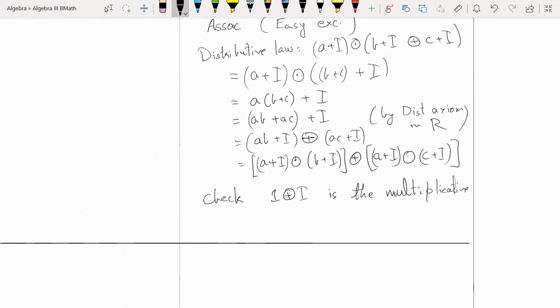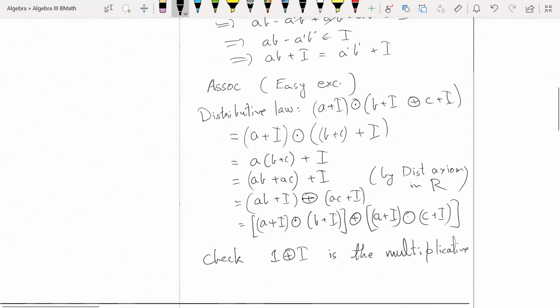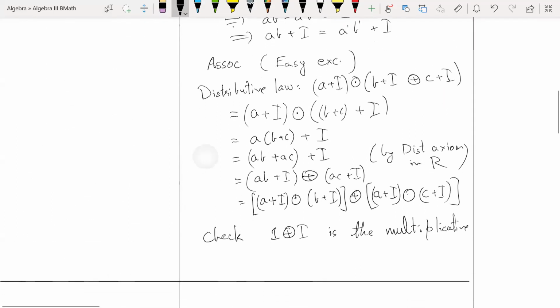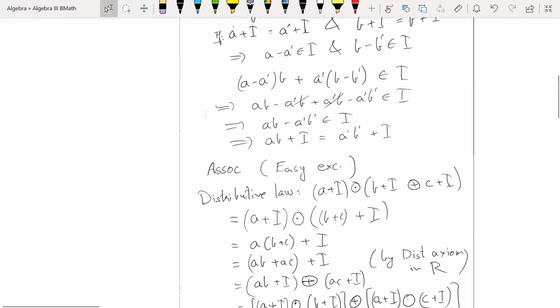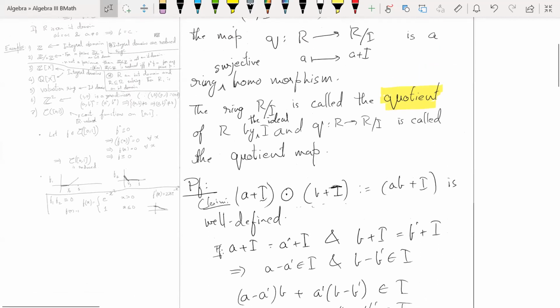That follows from the definition of multiplication in the quotient ring. So it's a commutative ring with unity.